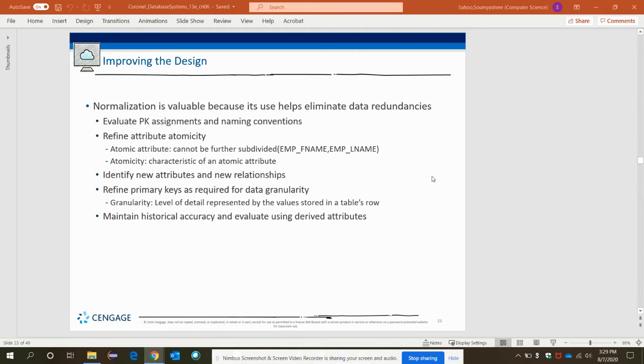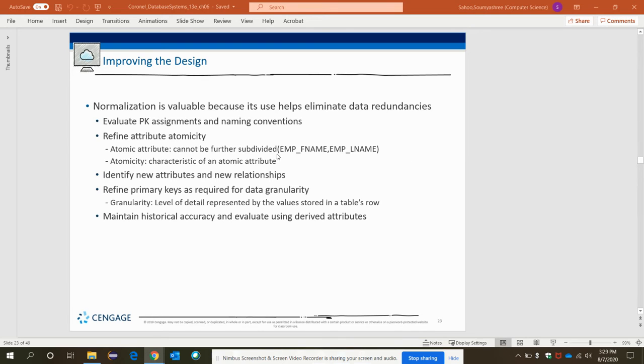For improving the design, normalization is always useful because it helps eliminate data duplication. We have to be sure about the primary key assignments and naming conventions, and while deciding the attributes, whether they can be further divided or not. To be sure about it, you have to emphasize atomicity, the characteristic of an atomic attribute.